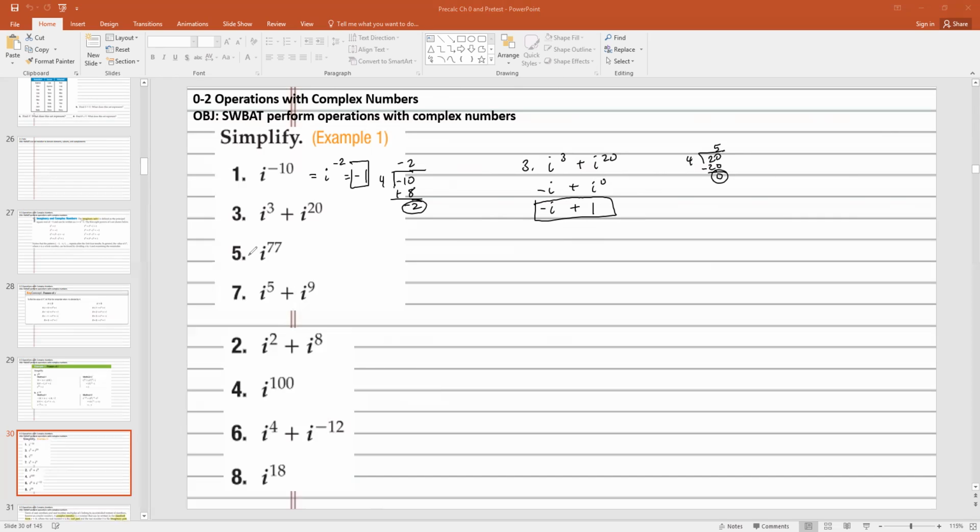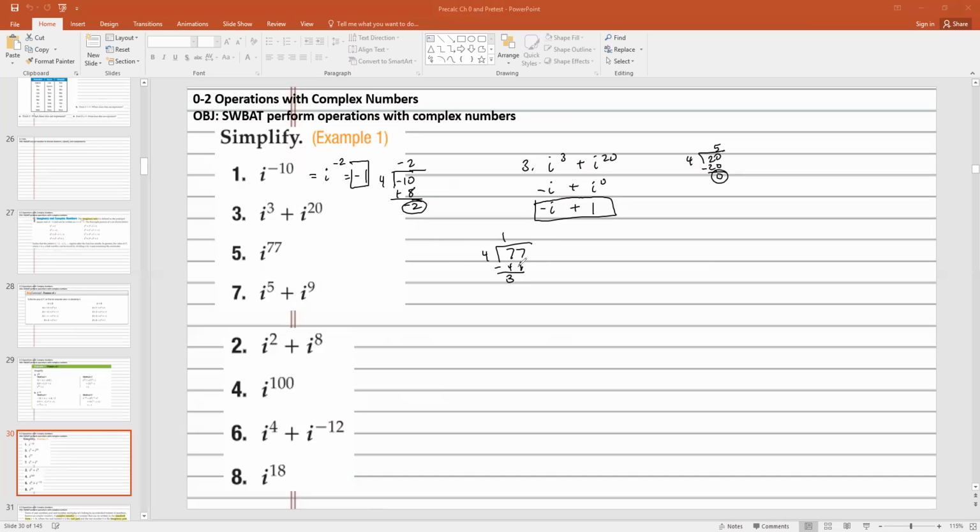All right. And so you do the same for the others. Let's do number 5. We want to do 77 divided by 4. 4 goes into 7 once. We get 3.